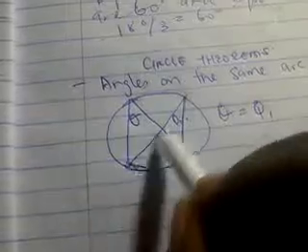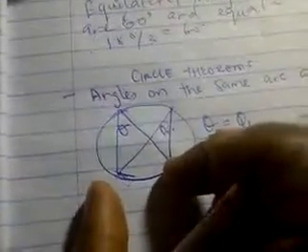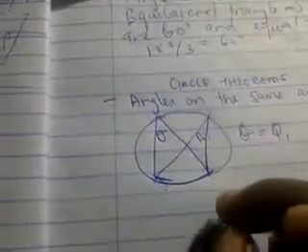This theta and theta 1 will be equal because they are subtended by the same arc on the circumference. That's what the rule is saying, that angles subtended by the same arc on the circumference are equal.